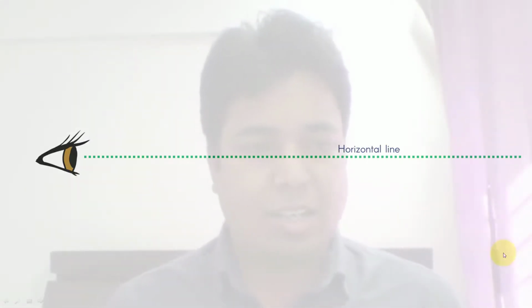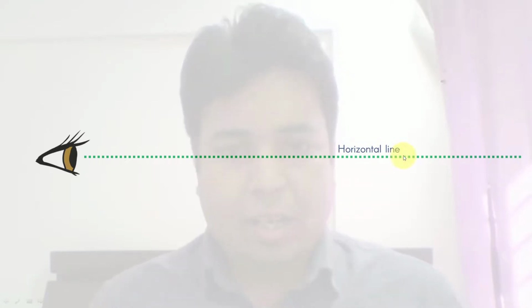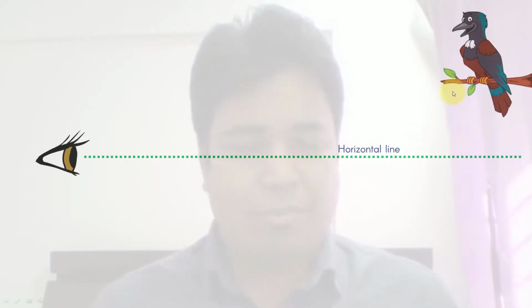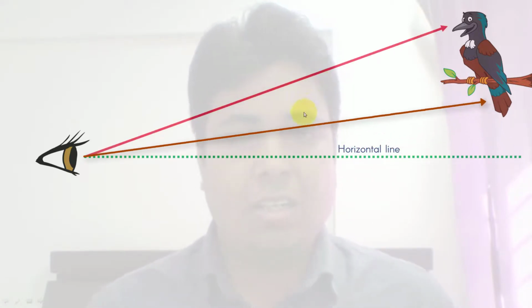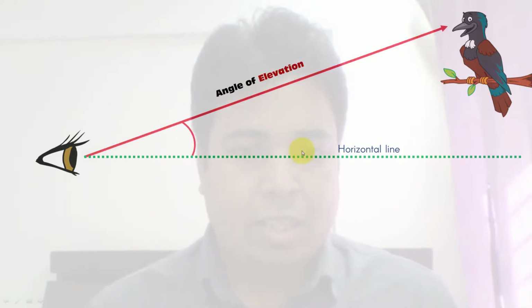Let's say here is an observer's eye and this is the horizontal line, and this beautiful bird, and the observer watches this bird, and this line of sight is above the horizontal line, this angle is what we call the angle of elevation.